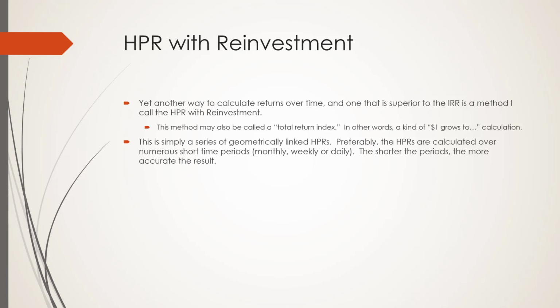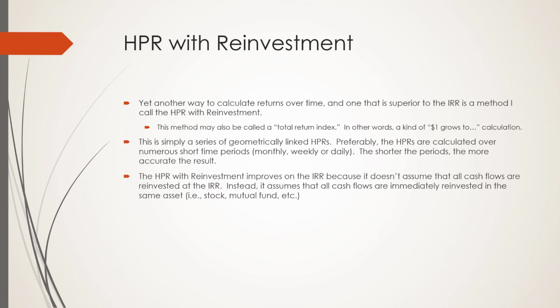And then we geometrically link them. And that's just a fancy way of saying we multiply. So the shorter the time period, the more accurate the result will be. And this improves on the IRR because it doesn't assume that the cash flows are reinvested at the IRR. Instead, it assumes that they're reinvested right back into the same investment.